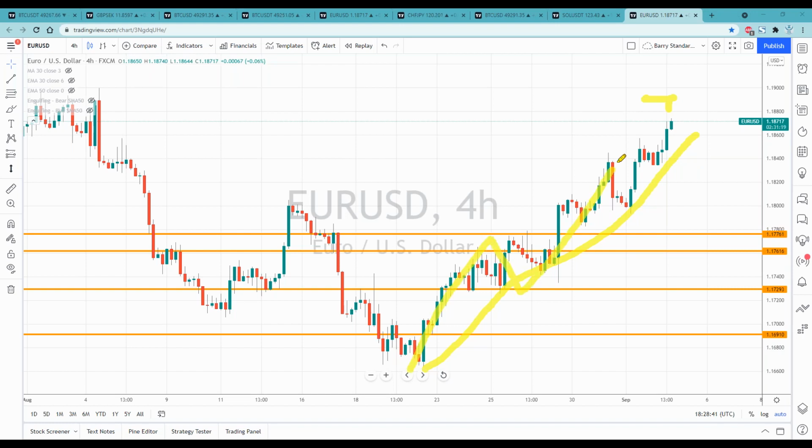Push, ease, push, ease, push, ease. An uptrend is defined by higher highs and higher lows. And the more well-defined that uptrend is, the more secure that trading in the direction of that trend is. So here we see a very nice developed uptrend.